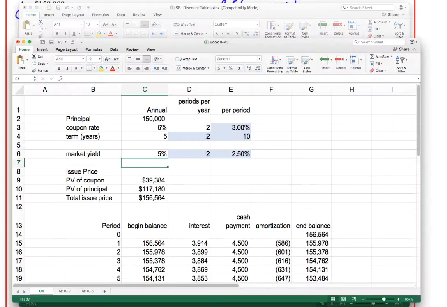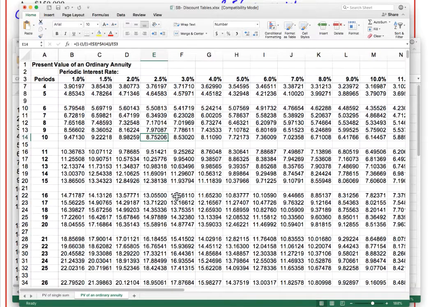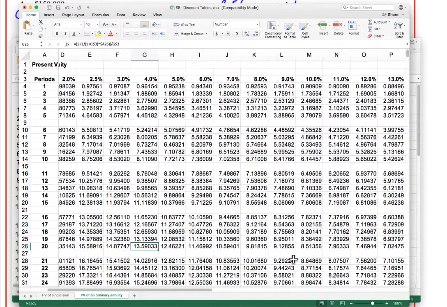Again, 20 periods. We want the 4%. The annuity factor is this number here, 16.35143, is it? Sorry, 4%. 4%, so 13.59033.